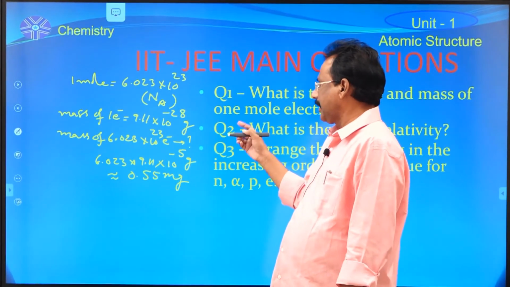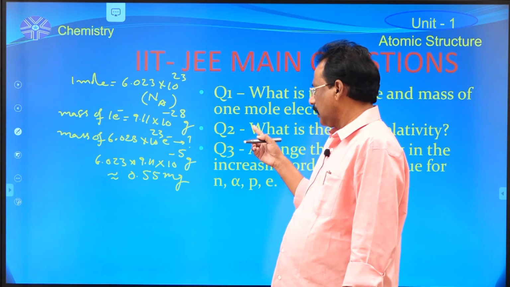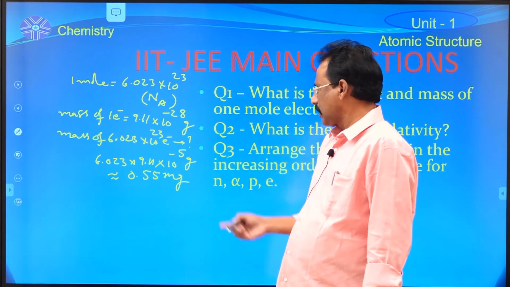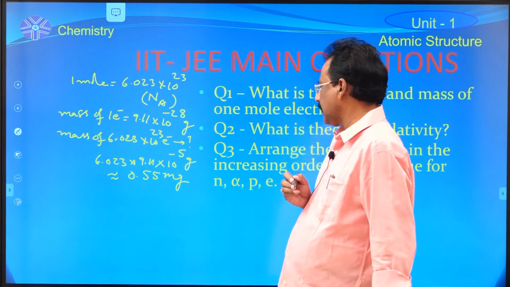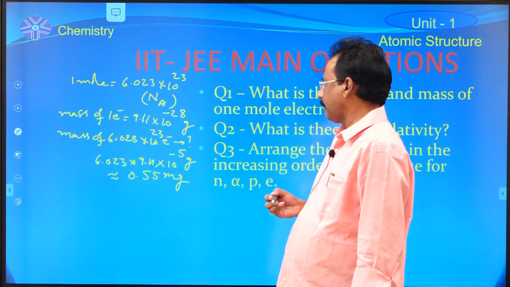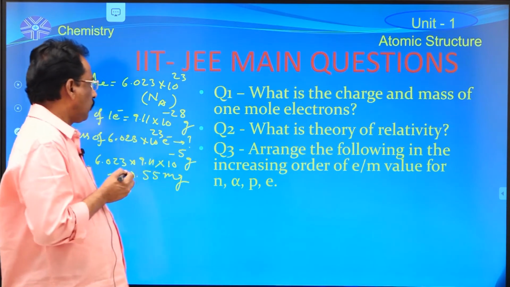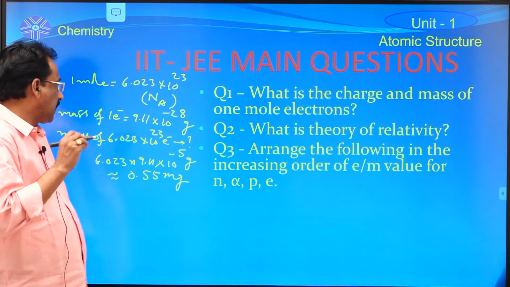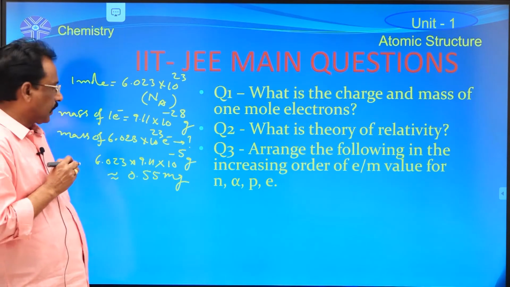So first calculate the mass of 1 mole electrons in grams. Now convert the grams into milligrams by multiplying with 10 power 3. So the answer is the mass of 1 mole electrons in milligrams is equal to 0.55.